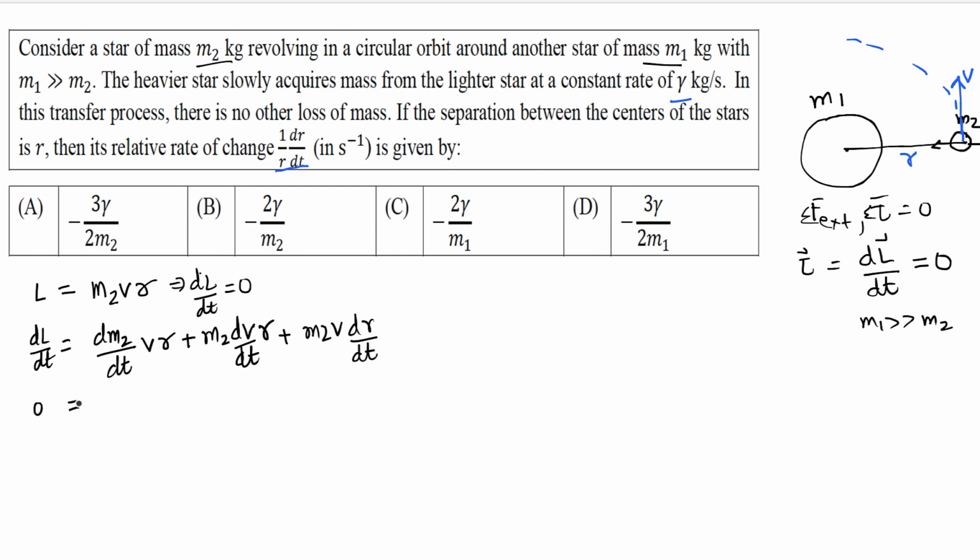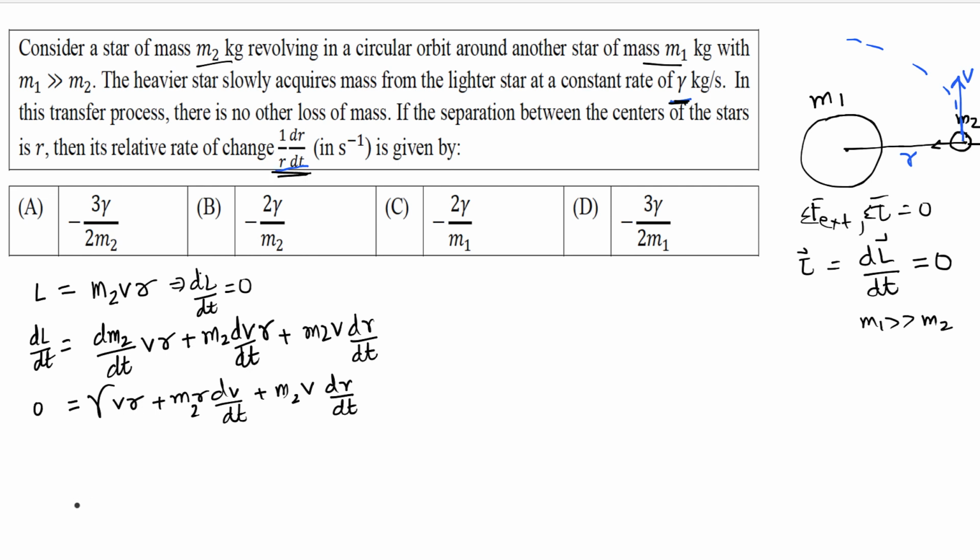Now dm2 by dt, it's already given that it's acquiring a mass at this rate. So let's say gamma v r plus m2 r dv by dt and plus m2 v dr by dt.